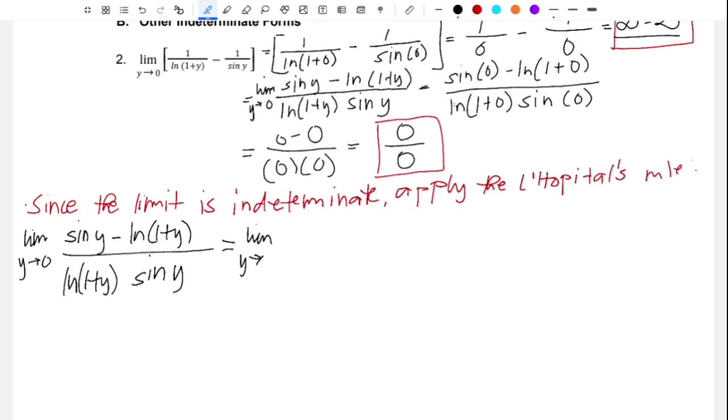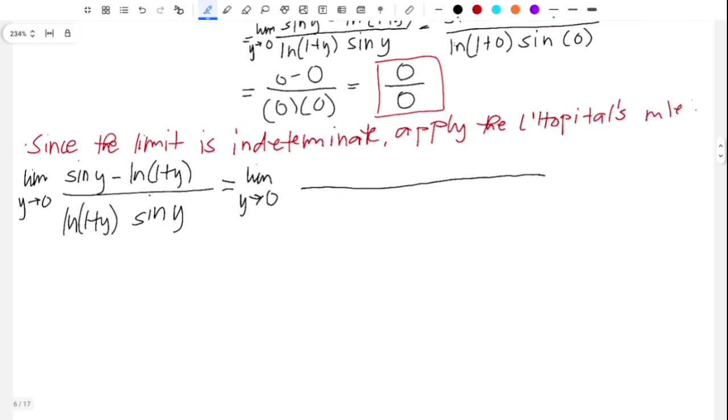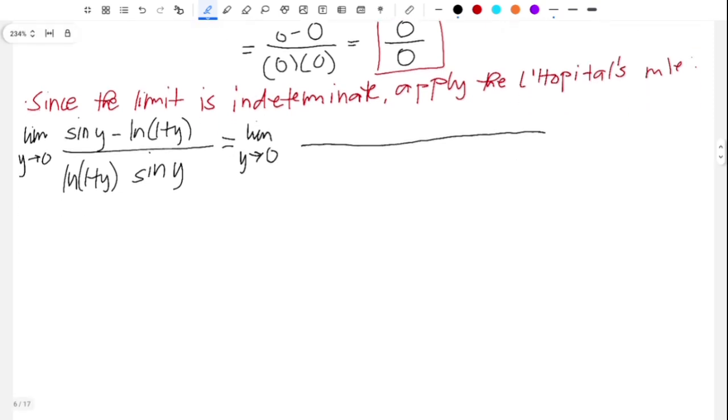Let's find the derivative of our numerator. What is the derivative of sine y? The derivative of sine y is cosine y. Let's copy our sign. The derivative of ln(1 plus y) is 1 over 1 plus y. It is in the identity that the derivative of ln x is 1 over x.